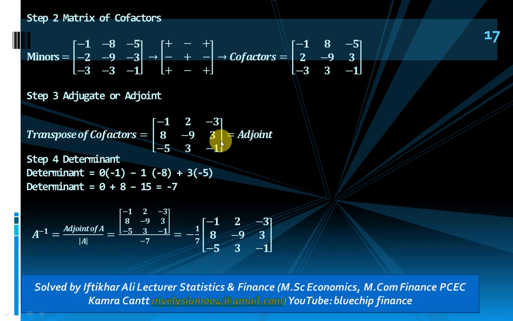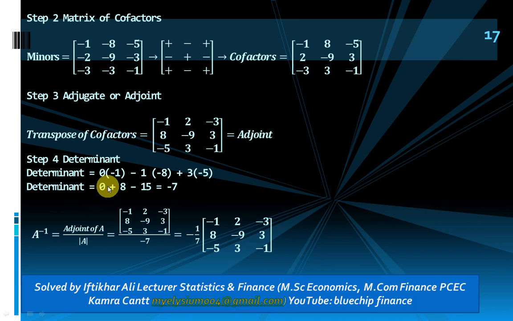So this will be called the adjoint. In the first step we calculate minors, in the second step we calculate cofactors, and the transpose of cofactors equals the adjoint. Now the fourth step is to calculate the determinant, and a lot of times in previous papers, in Cramer's rule of 3 variables, I told you about the method of taking the determinant, which is very simple.